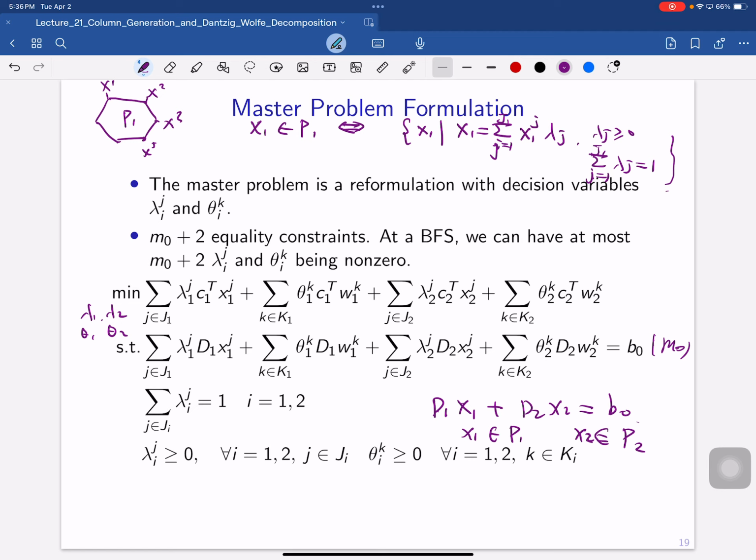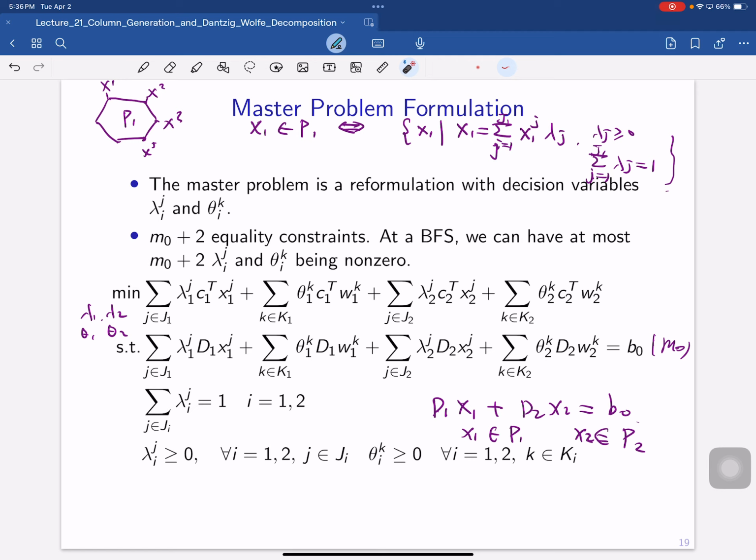Then we are adding two more constraints: the sum of lambda has to be equal to 1. And all the constraints in P1 and P2 are gone, right? But we pay a very heavy cost by enumerating all the extreme rays and extreme points. There could be an exponential number of extreme rays and extreme points in this Dantzig-Wolfe reformulation, right?